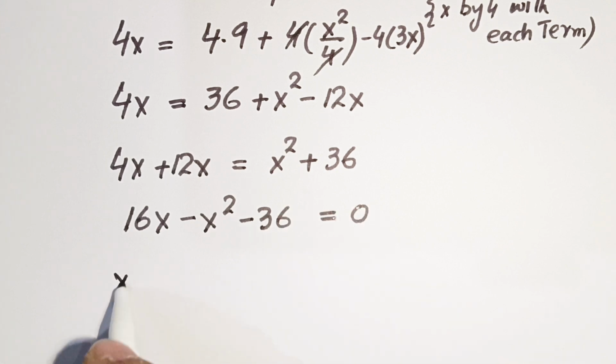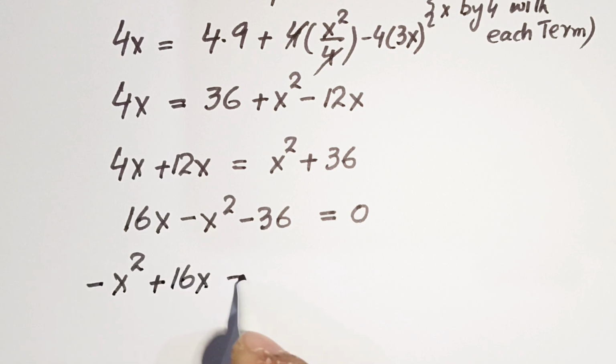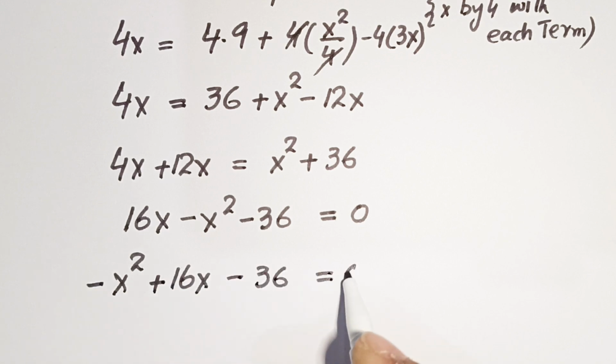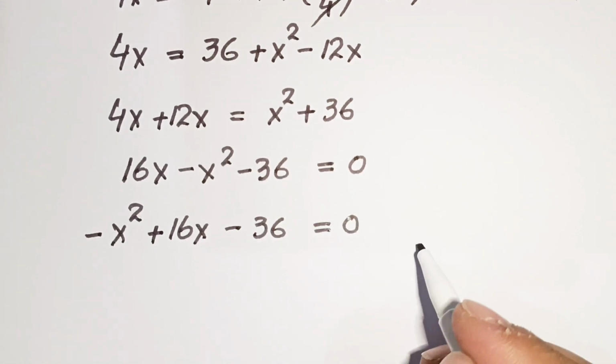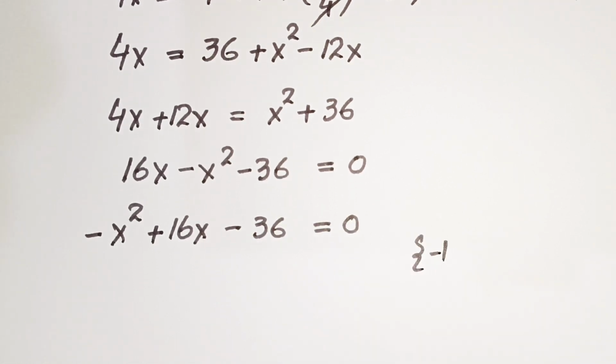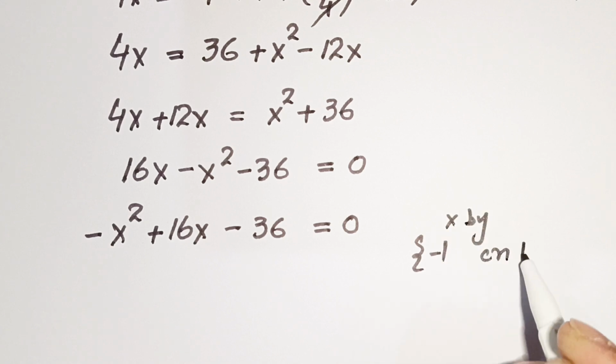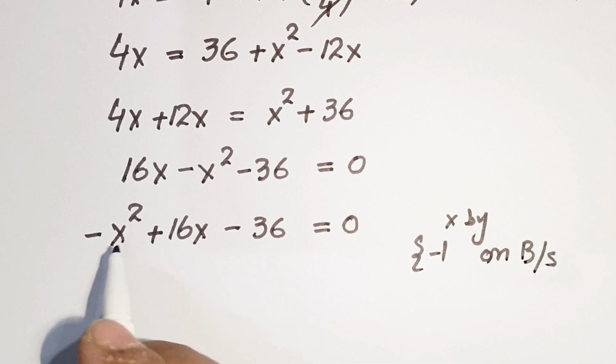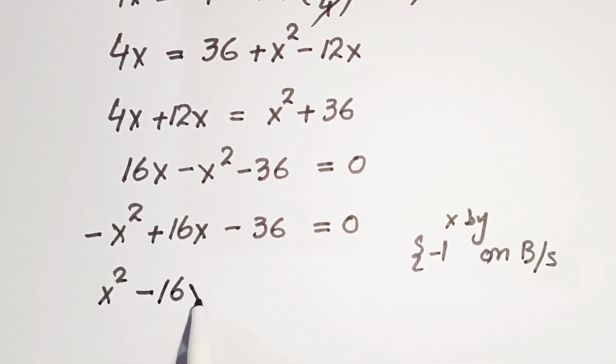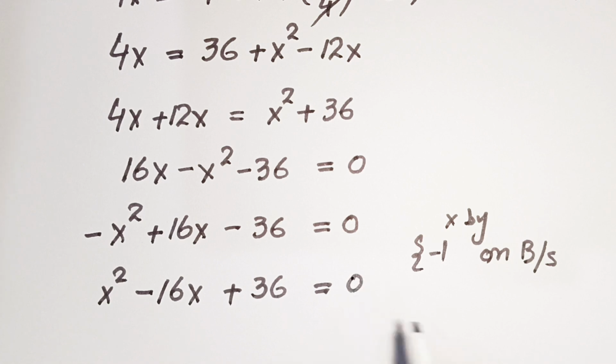By rearranging, we get x squared plus 16x minus 36 is equal to 0. If we multiply by minus 1 on both sides, then we get x squared, minus times minus is plus, here minus 16x, and plus 36, just changing the signs, which is equal to 0.